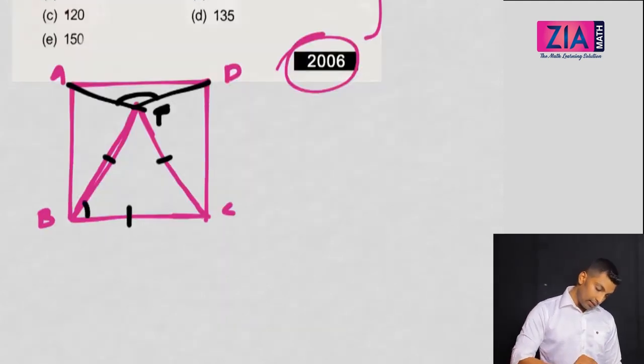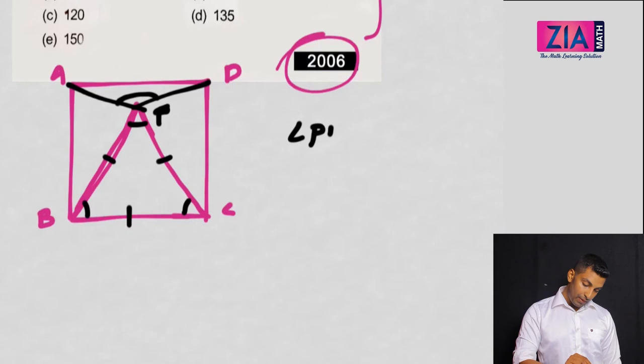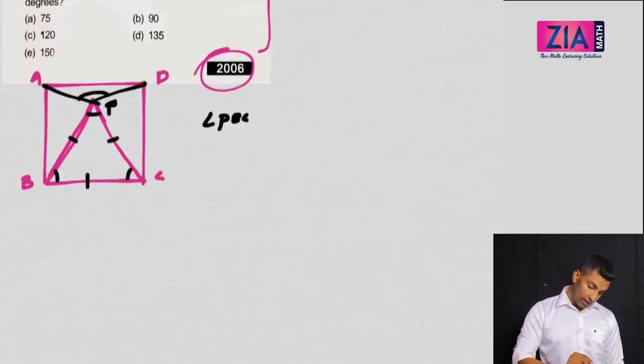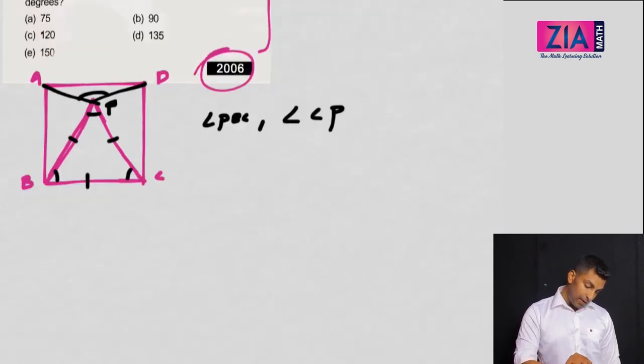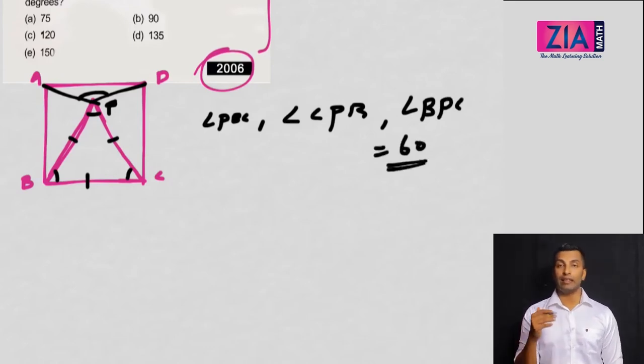See, these three angles have to be 60, 60, 60, right? So angle PBC, comma, angle CPB, and angle BPC, all have to be 60 because all the three sides are equal and it's an equilateral triangle. So 60.